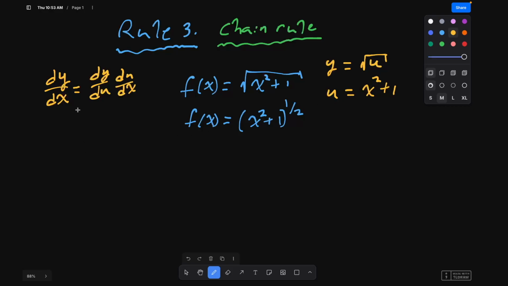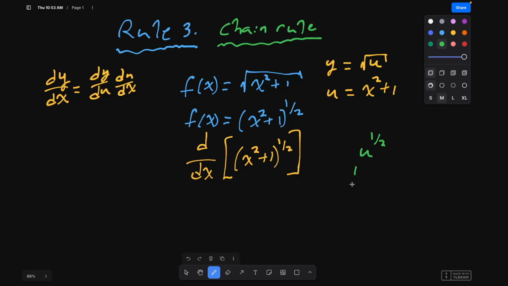So what this looks like in practice is this. The derivative of x squared plus 1 to the 1/2. So if we just think of our inside function as u, what we want to do is take dy du. If we think of this as u to the 1/2, and we want to take a derivative of this, this is a simple power rule.